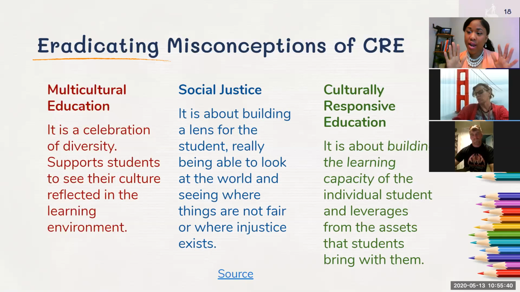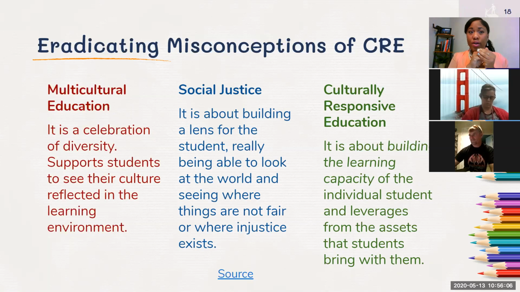If anybody needs me to slow down, please let me know. So multicultural education, social justice. Now let's move on to culturally responsive education, which is the focus of what we're doing today. This work has more depth in a lot of respects than the other two. This is all about building the learning capacity of the individual student.